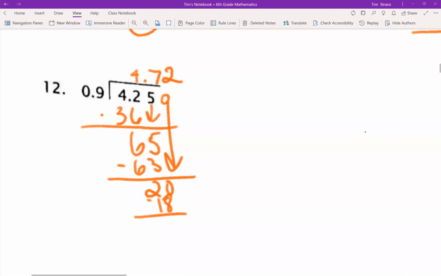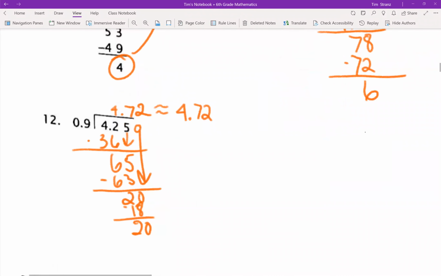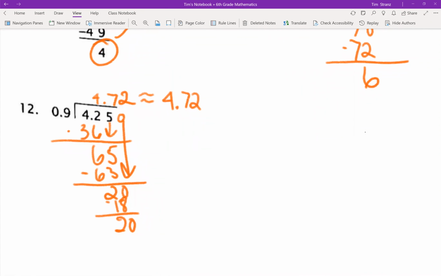And here's where it's just going to repeat 20 again. So 4.72. I think they only wanted me to go to the hundredths place. They did. So yeah, 4.72 and 2/9 are left over.